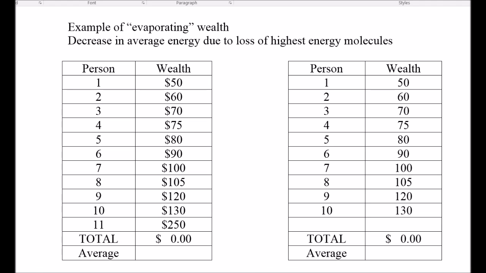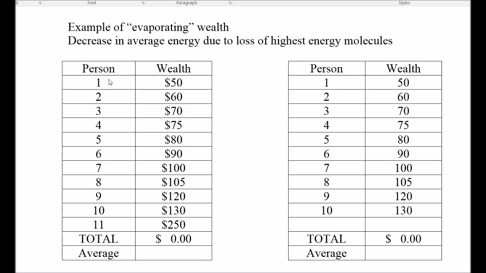I'm going to now use a mathematical model with human dollars to illustrate the idea of depleting the population of its wealth, its energy, by having the highest energy molecules leave the population. Here's a model for the loss of average energy due to evaporation.